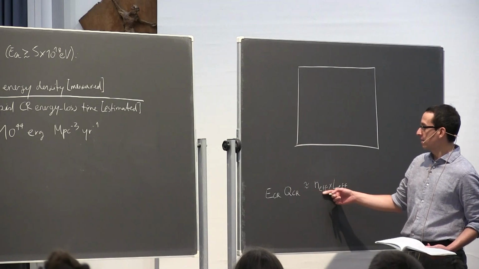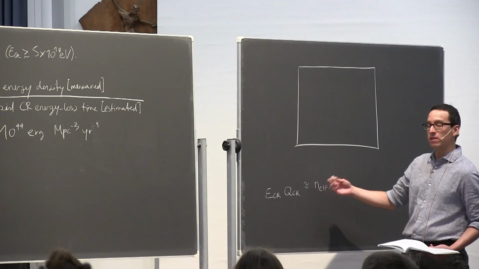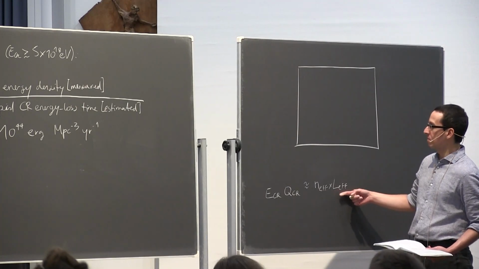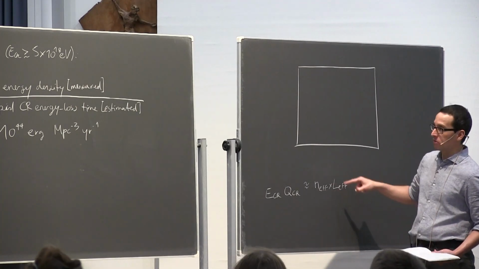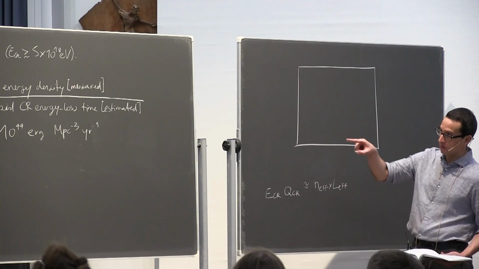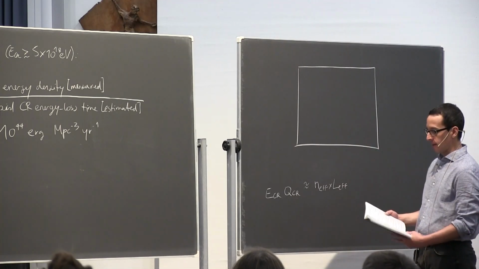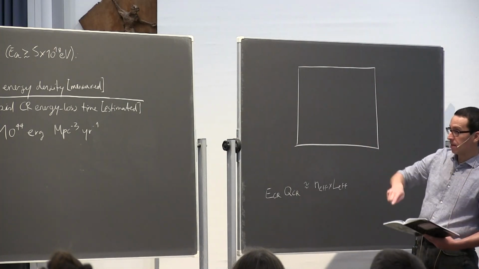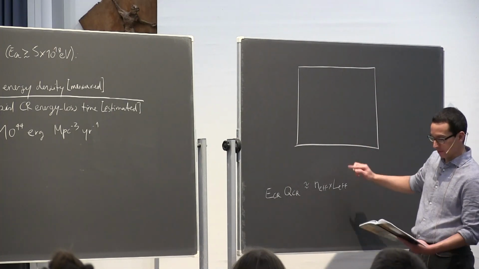The number density of the sources is this, so how many sources per cubic megaparsec, and each one of these sources is emitting some luminosity in cosmic rays, so ergs per year. And I'm going to plot what that condition implies for this product.